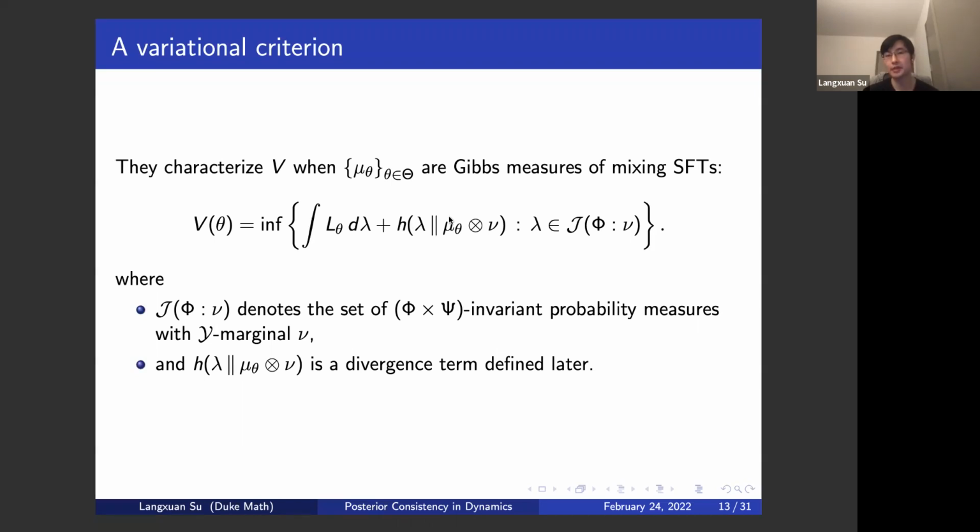But since we are working with dynamical systems, what we know is that if you consider the KL divergence of two maybe ergodic measures, because two ergodic measures are either the same or they are mutually singular, in that case the KL divergence will either be 0 or infinity, which is a trivial function, and it does not give any information. Here we have a divergence that's more specific to dynamical systems, and it's a non-trivial function. We will see later.